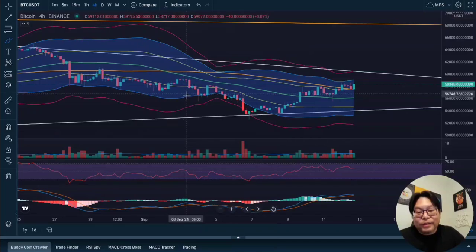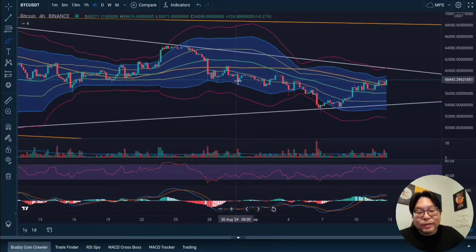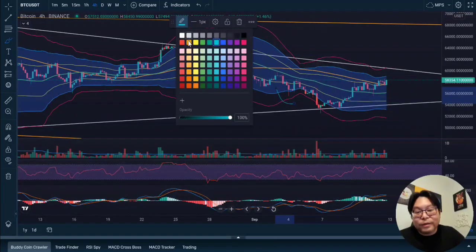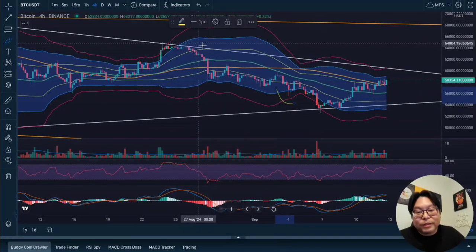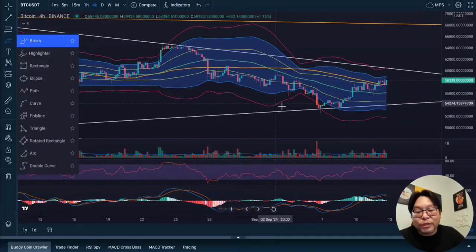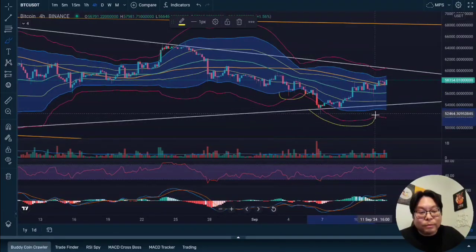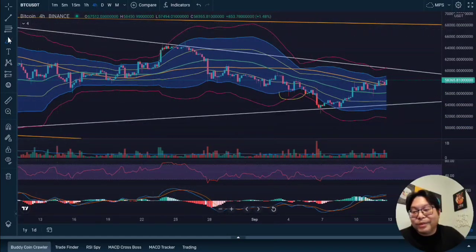What I see here is, oh, let's change that color, huh? That way you can see it more. Okay, what I see here is, let me erase that again. Brush is boom, boom. Man, this is kind of hard to draw with a mouse.